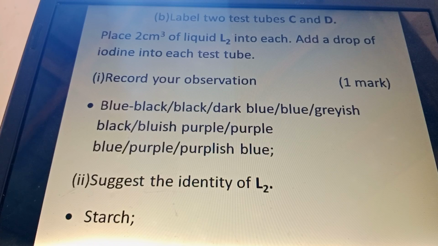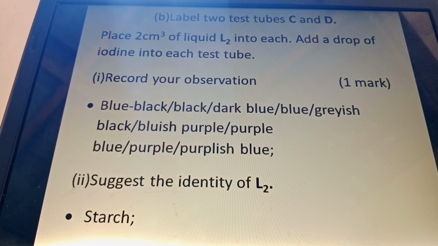All these colors could have resulted from the way that liquid was prepared. Okay, but they are all correct.